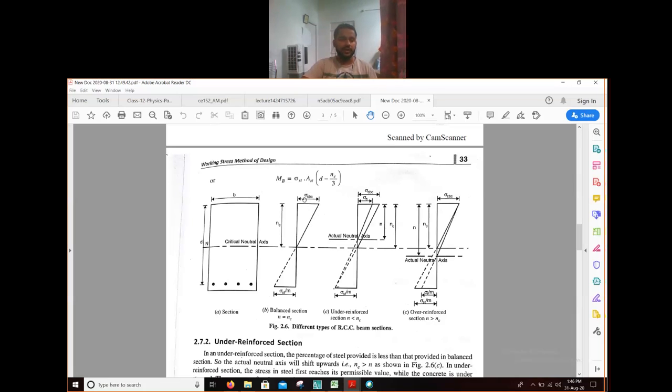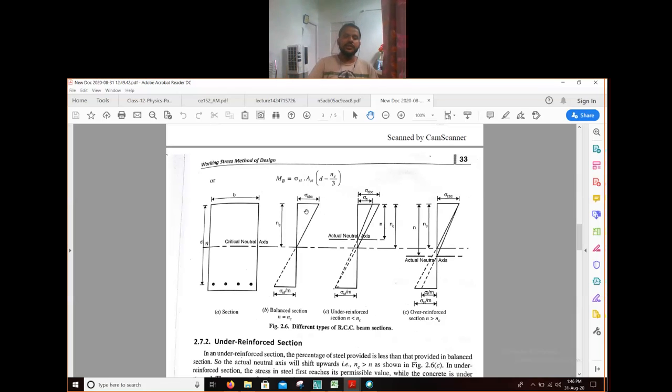From the IS code, the value of sigma CBC is 7 Newton per millimeter square. That is the maximum stress which can be developed within an M20 grade of concrete.